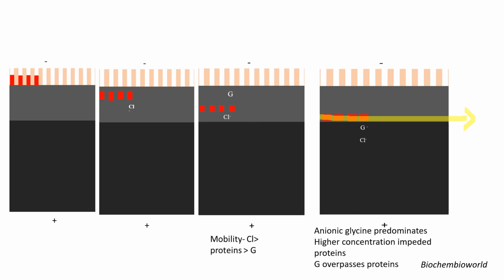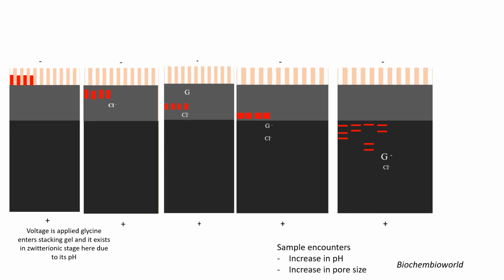Now the chloride ions have greater mobility, followed by the glycine ions, and then my proteins.